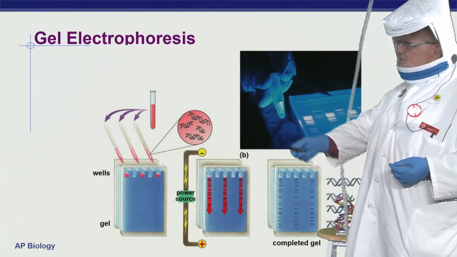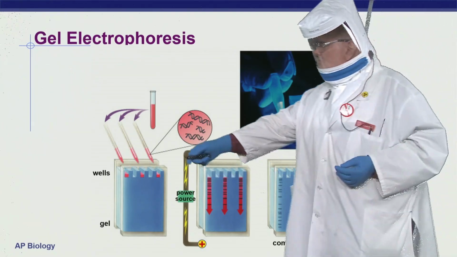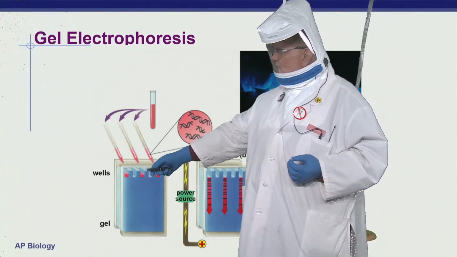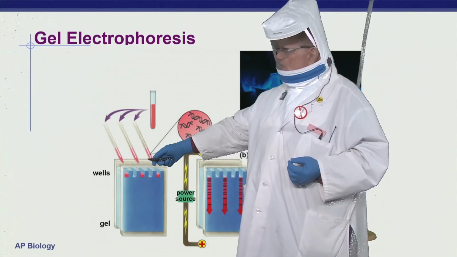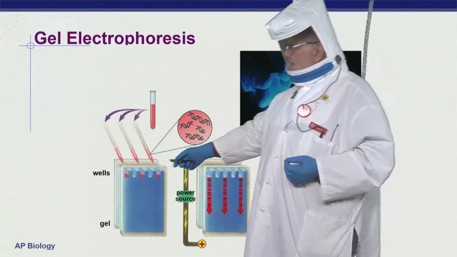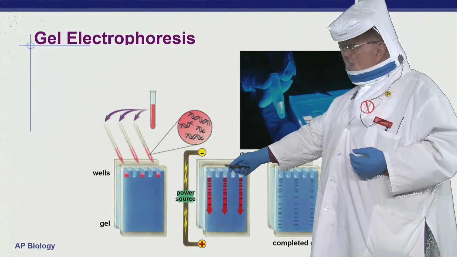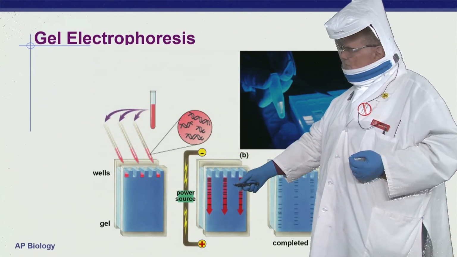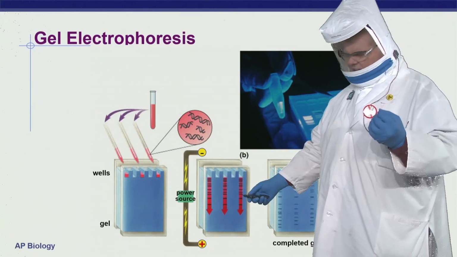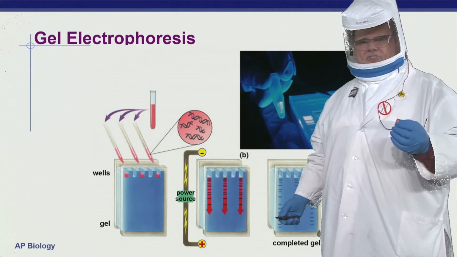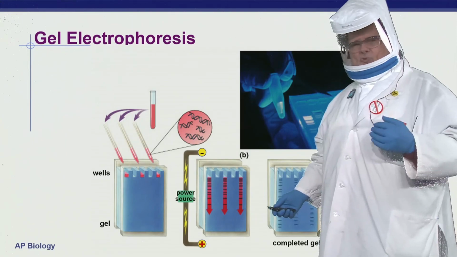At the top of the gel, you can see there are wells in the gel that you put your samples in. And then when you attach electrical connections, the DNA moves through the gel. And I slipped for a moment there and said protein. This is also used with proteins.